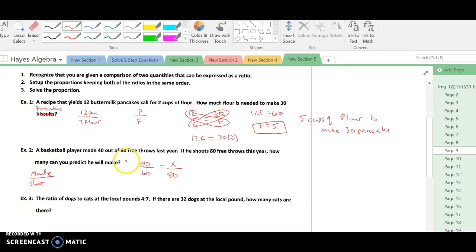So shots made to shots shot. So cross multiply, 60x equals 40 times 80 is 3,200. And when you divide it out, you would get he made approximately 53 shots.